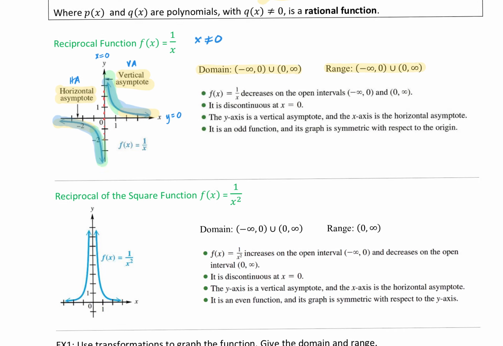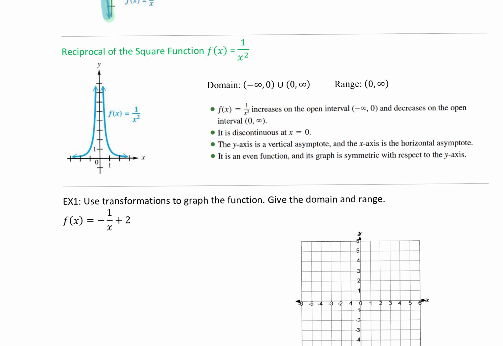The other basic graph we're going to look at is what we call the reciprocal of the squared function. So that's going to be similar to 1 over x, but instead in the denominator we're doing x squared. So because it's x squared in the denominator, that denominator will never be negative.